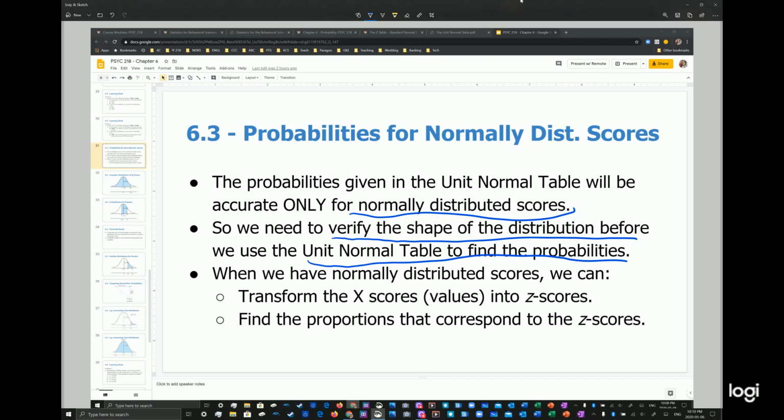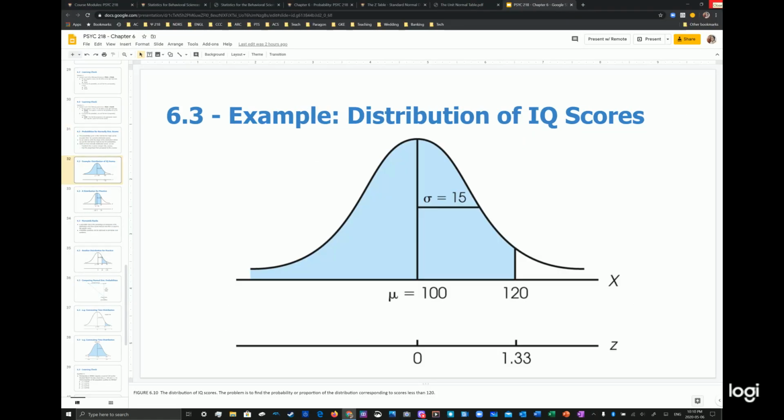When we do have normally distributed scores, then we can change the X scores into Z scores, if we're working with X's, and then find the proportions using the corresponding Z scores in our unit normal table. So here's an example. We have a distribution of IQ scores, which in a way is also standardized, but we first want to transform the score.